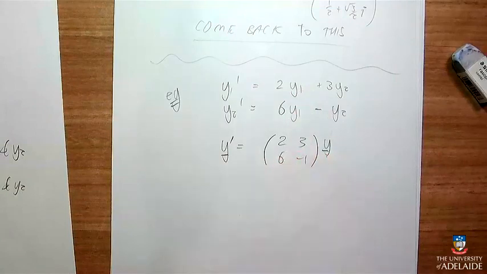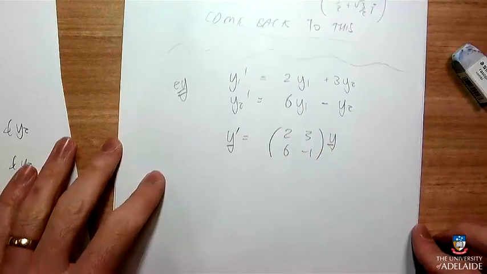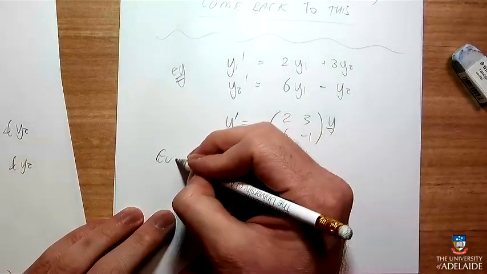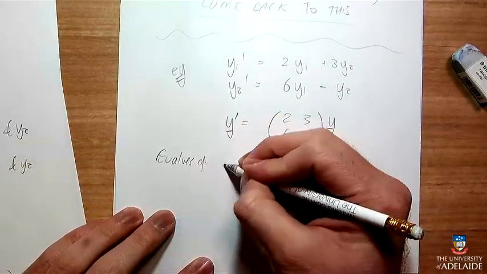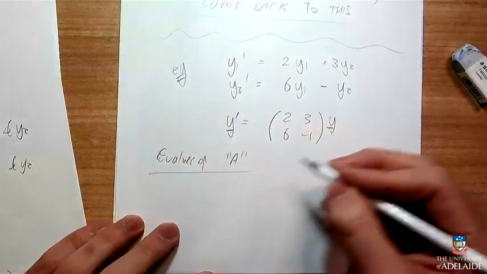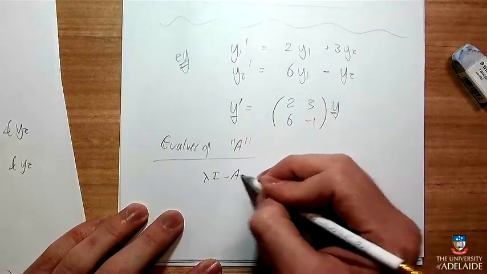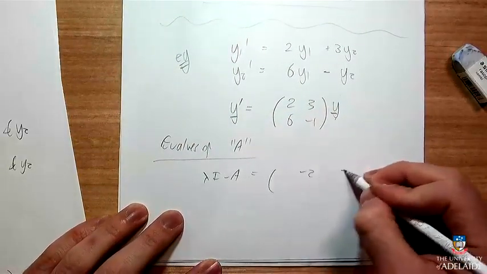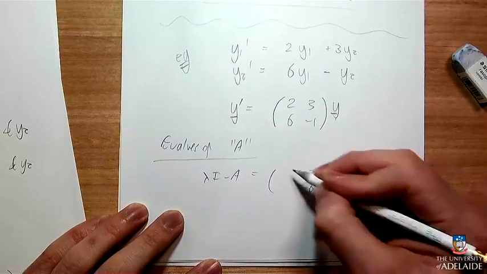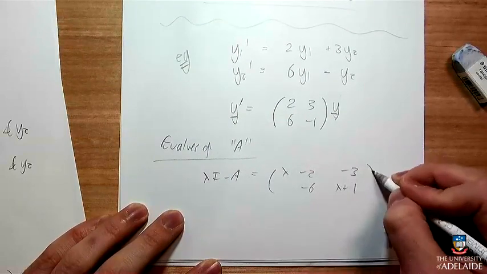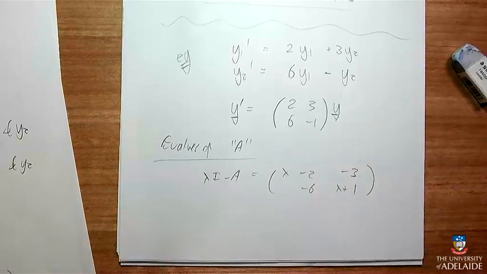And then we have this matrix here. To do this, we're going to have to do the eigenvalues, and we're going to need to do the determinant of this matrix.